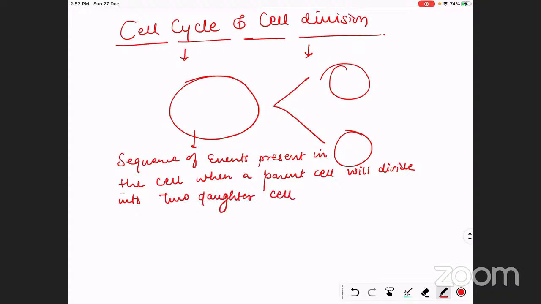So what are the various events? What are the various events which are present in this cell? There is nothing like this cell wants to divide, so it will just divide. No, there are various events before the actual cell division. So we will try to understand them.